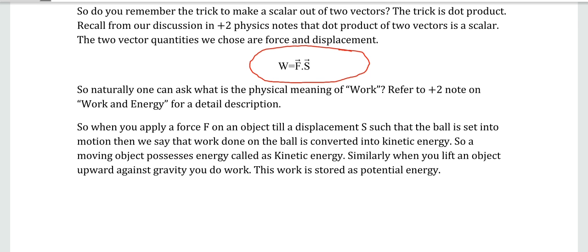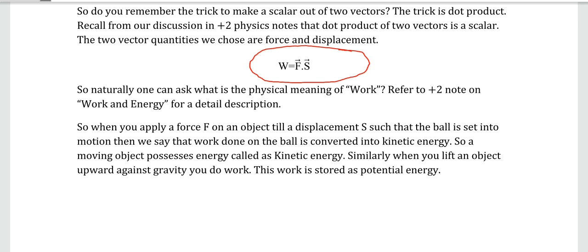You might have solved some problems in your plus 2. The same problem can be solved using force and acceleration, and the same problem can be solved using kinetic energy and potential energy, which are part of work done. That I'll explain now. Solving in terms of these energies and work done is very simple because you don't have to look for direction or anything, you just look for energy.